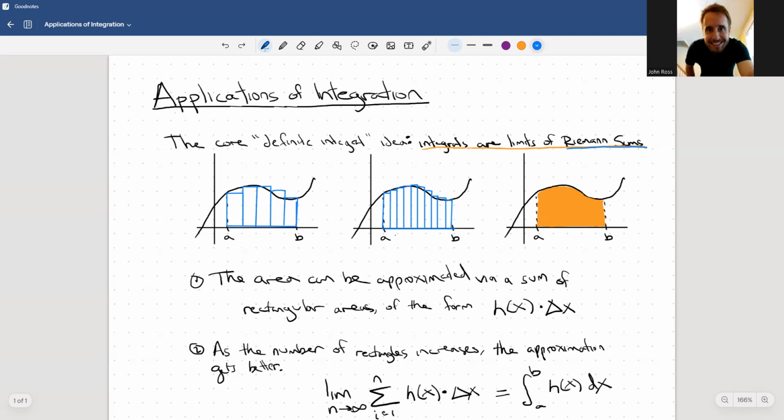All right, so this sort of 1-2 punch forms the core idea in the definite integral, at the heart of definite integration. That we can approximate our area via a rectangular sum, and that as the number of rectangles increases, the approximation gets better.